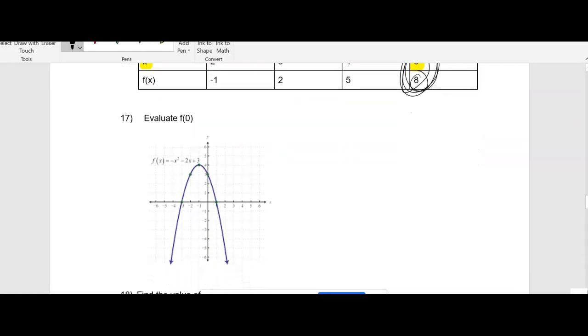So 17, you have two options now. This one I do give you the function, so you do have f of x is equal to a negative x squared minus 2x plus 3. So if I want f of 0, just plug in a 0. That's totally fine, just like we did up in number 15. Plug in the 0, whatever that evaluates to be is going to be your answer. In fact, let's go ahead and do that, just so we know.